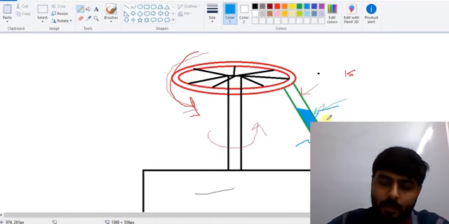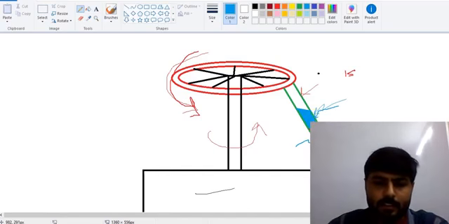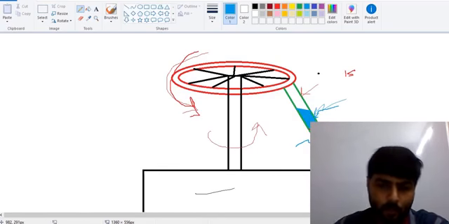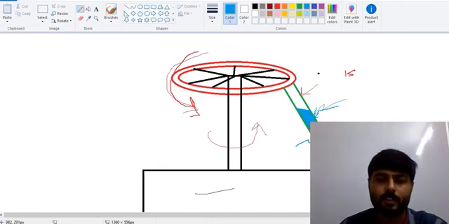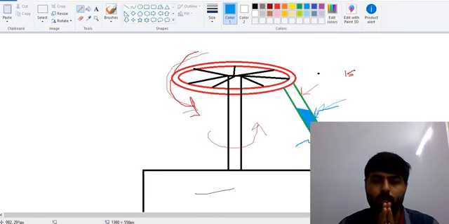So that is the principle of the centrifuging technique: there is one force called centrifugal force which tries to throw the substance outward.